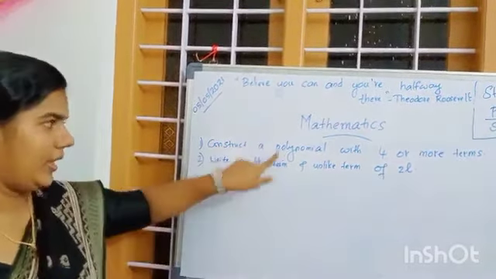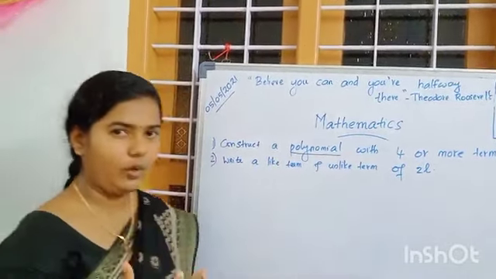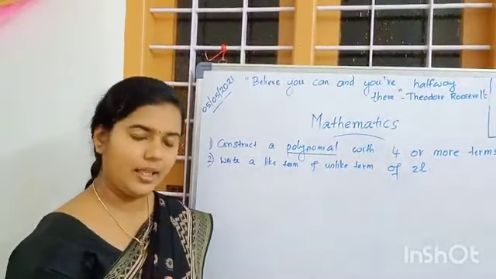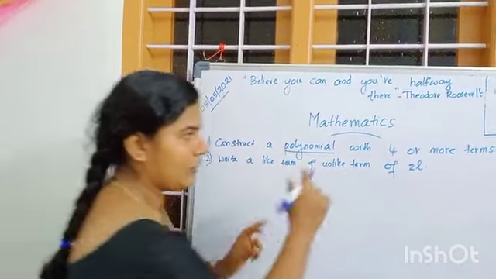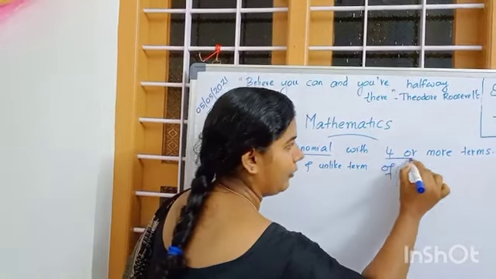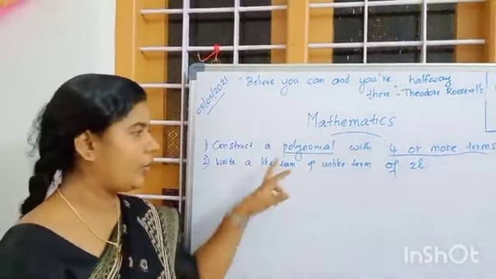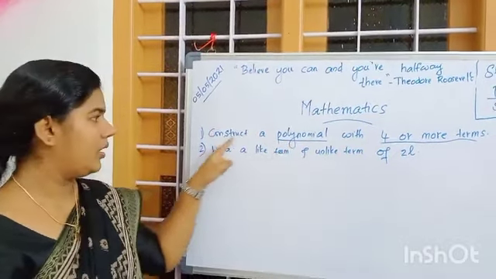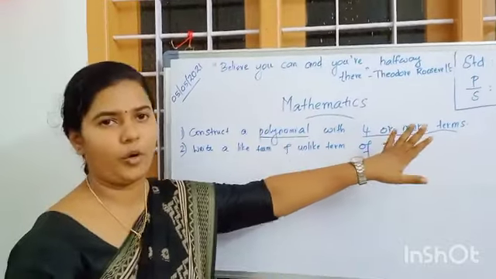Here the first question, you have to construct a polynomial. So you know polynomial is, yes, an expression with 1 or more terms, but specifically we need a polynomial with 4 or more terms.